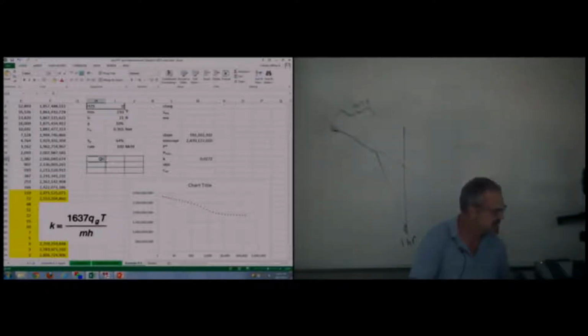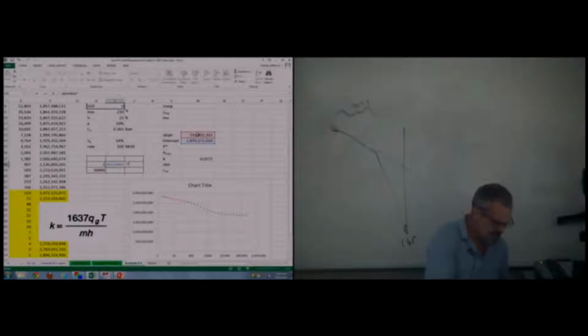I'm sorry, let's put this down. At 1 and at 10,000, on my straight line the value should always be equal to the intercept plus the slope times the log of my x value.